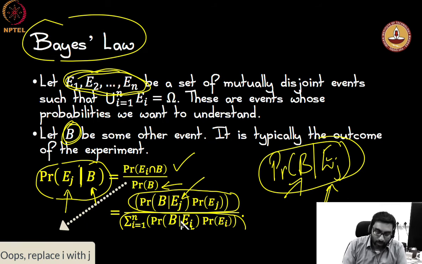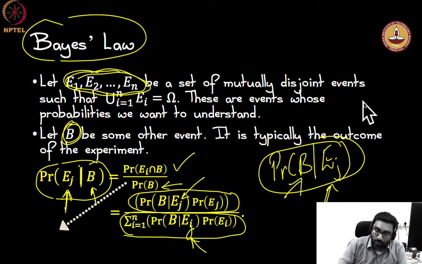And when we can compute them, what Bayes' law gives us is a way to compute the left hand side, where the conditionality is reversed, and the focus now is on getting the probabilities of the EJs, which is the posterior model. Okay, let's actually work out an example, and things will become a lot more clear.